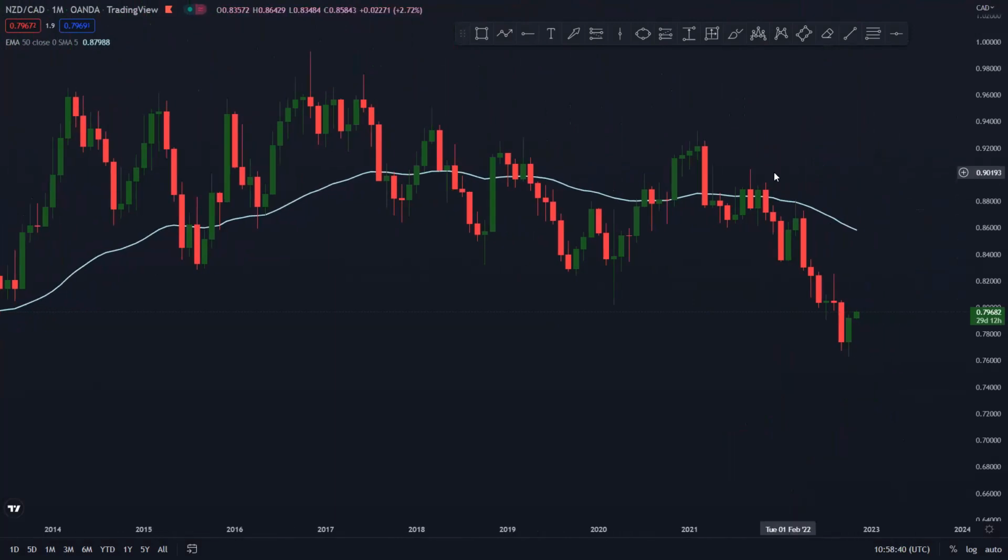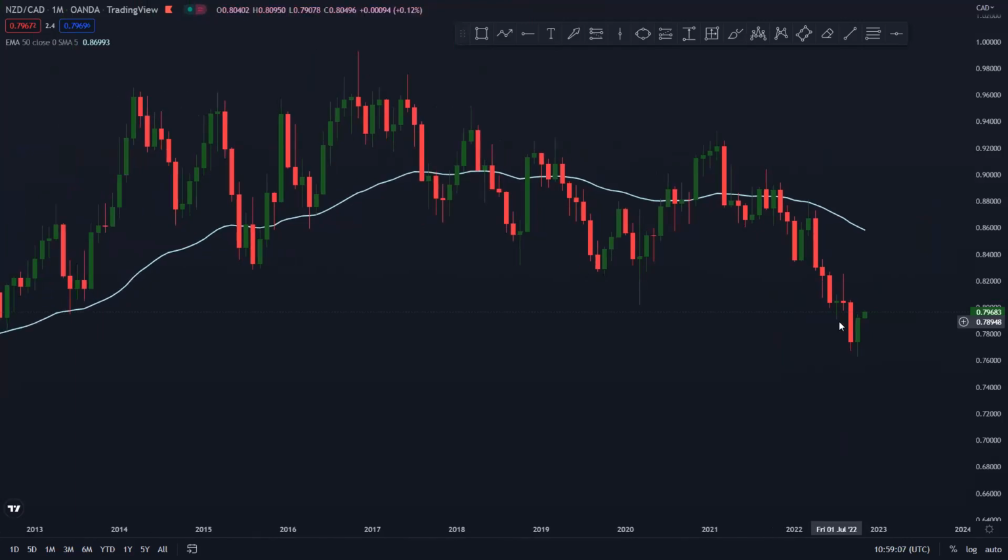As you can tell, we are making lower highs and lower lows, and then lower highs. Price, making the most recent swing low, is currently undergoing a pullback. And so we had a counter trend trading opportunity on NZD CAD.